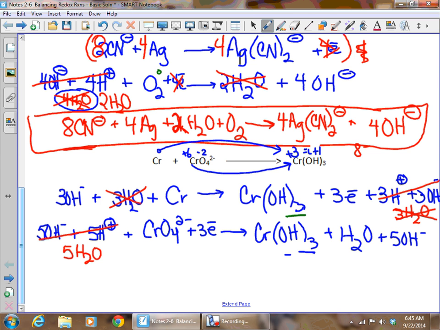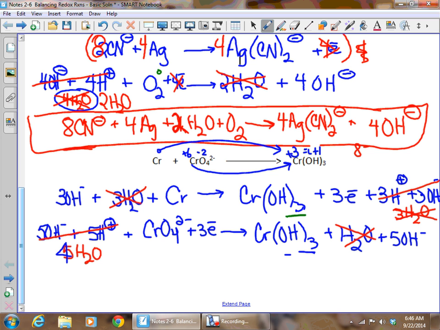And our last step for this half reaction is to take this and cancel this water and leave behind 4 waters over here. Now the one benefit in this reaction is that we ended up with 3 electrons on both sides, so we don't have to multiply through by anything.